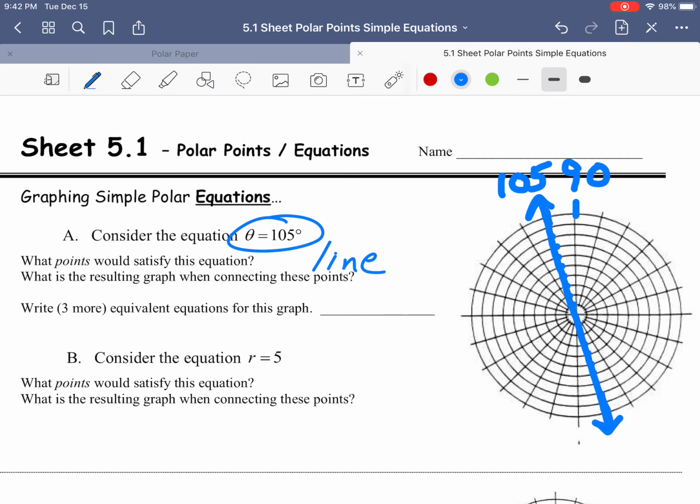What would be some other ways that we could describe this line? In other words, what would be some other angles? Sound kind of familiar? Well, yeah, because I could rotate around to the back side of this line.